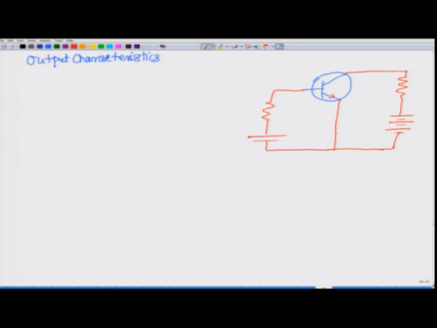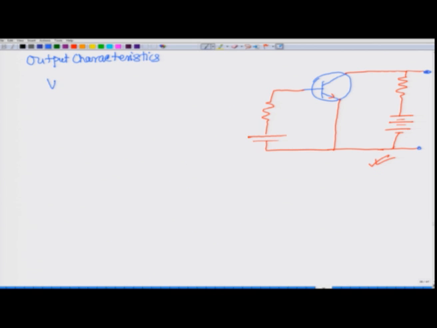So, this is now the output side, and in the output side I have this VCE.